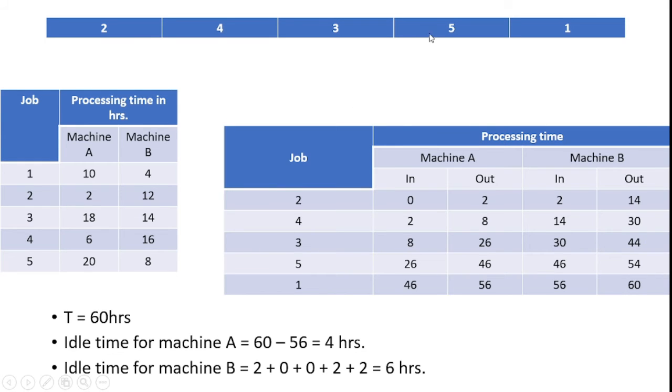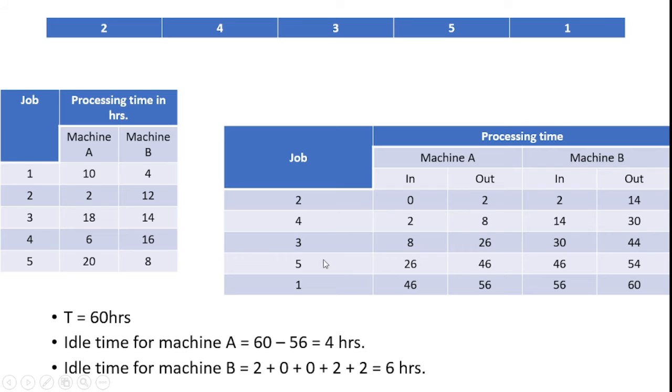After that, our next sequence is the fifth job, so I can load the fifth job into machine A. The initial time for job 5 is 26, because job 3 ended in machine A at 26 hours, so I can load job 5 on machine A at the 26th hour.